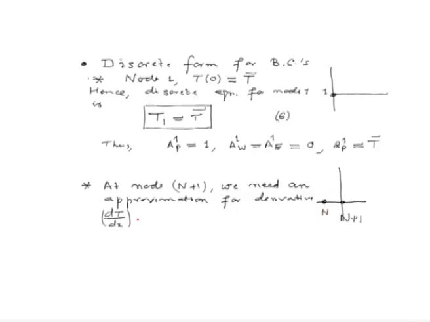So, now let us approximate this dT by dx using BDS. So, we can write this as Tn plus 1 minus Tn divided by delta x.